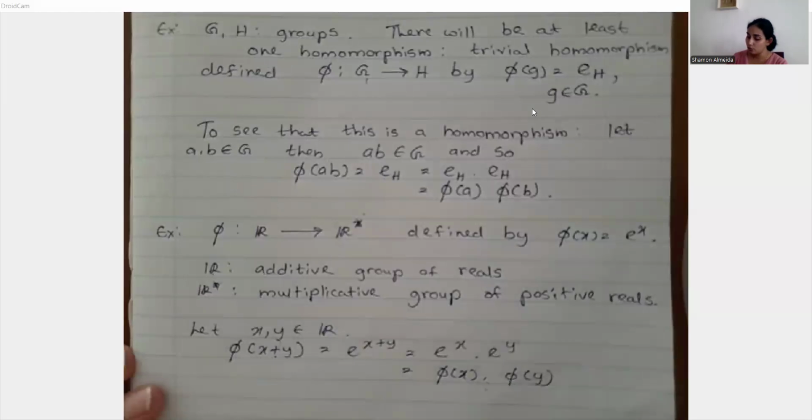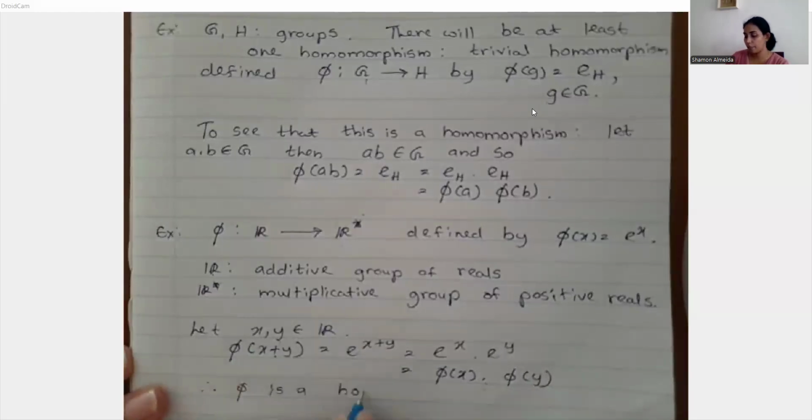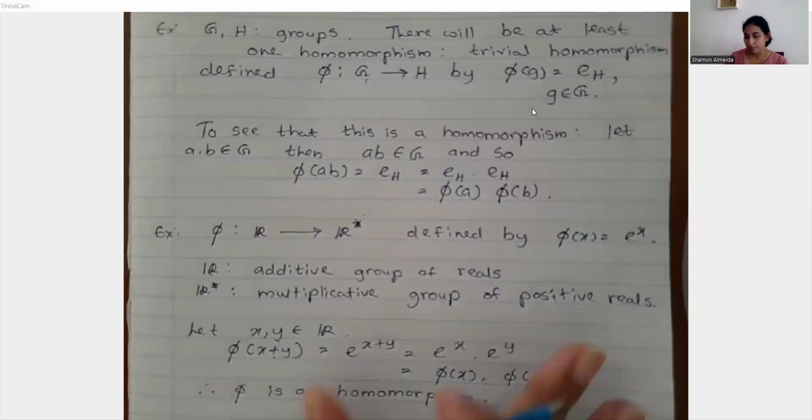And this is true for all x, y in R. Therefore, phi is a homomorphism.